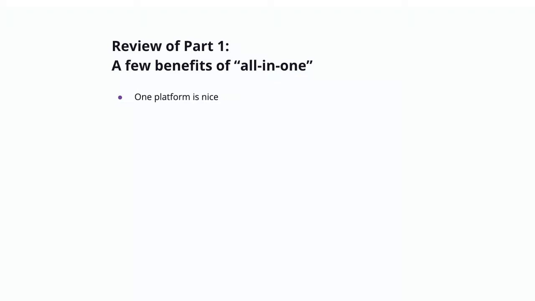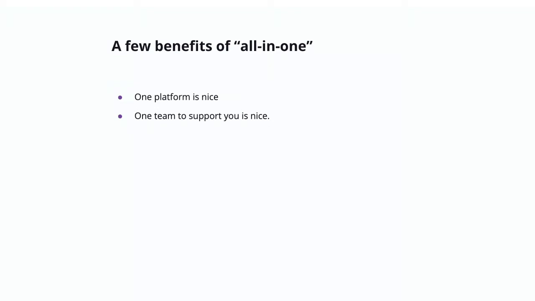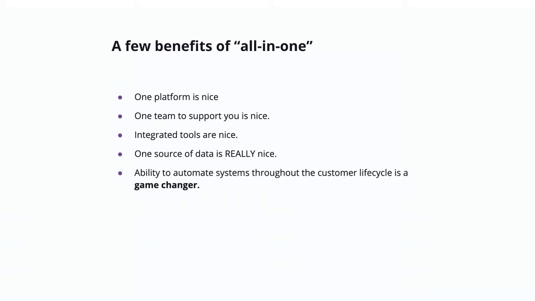Well, a lot of reasons that I hear: one platform, you have one team to support you. That's really nice. All your tools in one tool suite is nice. One source of data is really nice. That starts to be very helpful in your day-to-day lives. But really the ability to automate systems throughout your customer life cycle is crucial and something that doesn't happen when you have data and tools all over the place.